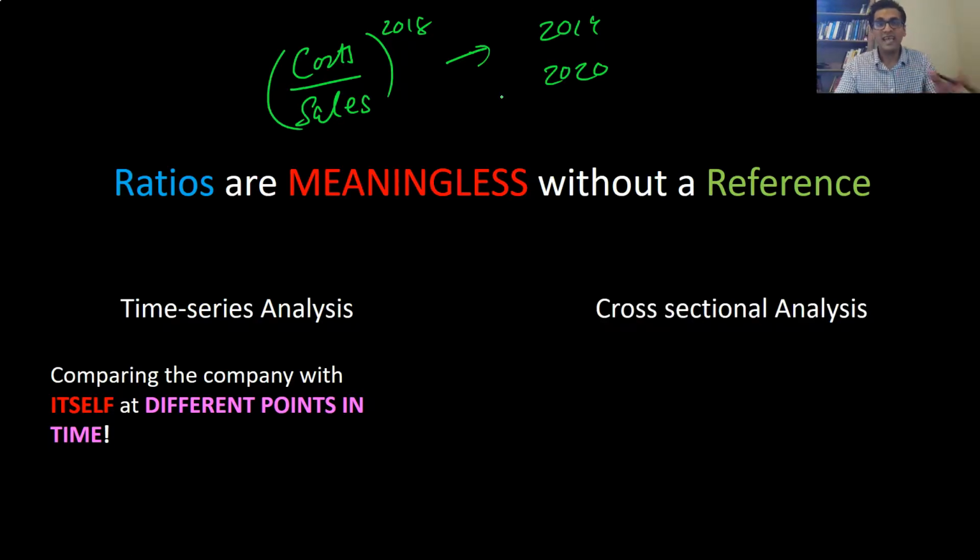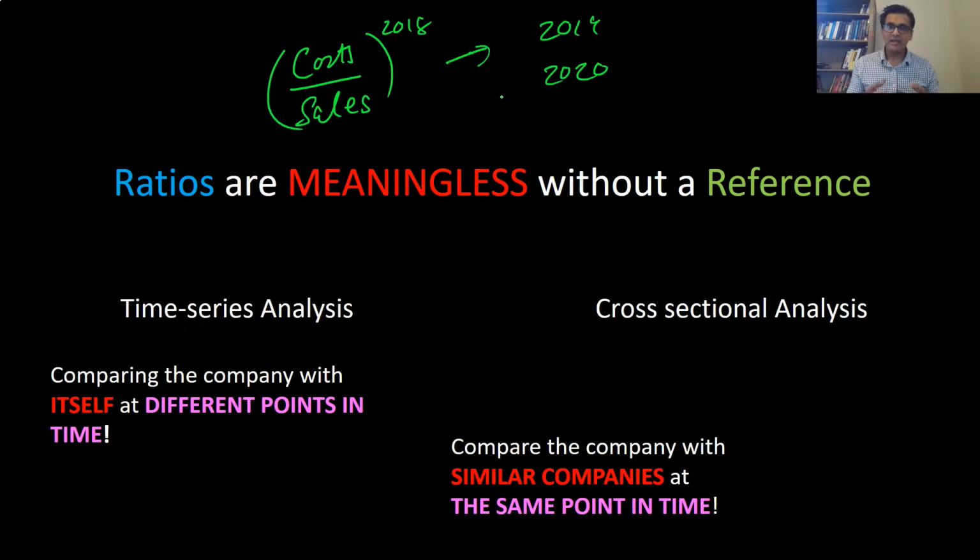Now, the other way in which you can do this is what is referred to as a cross-sectional analysis. Sometimes this is referred to as a peer group analysis. As the name suggests, here the idea is, okay, I've got this ratio. What does this ratio look like for other people or other companies that are similar to me at the same point in time? So for example, if I've calculated this ratio for 2018 for myself, let me look at company number one, which is similar to me. Maybe it's in the same industry.